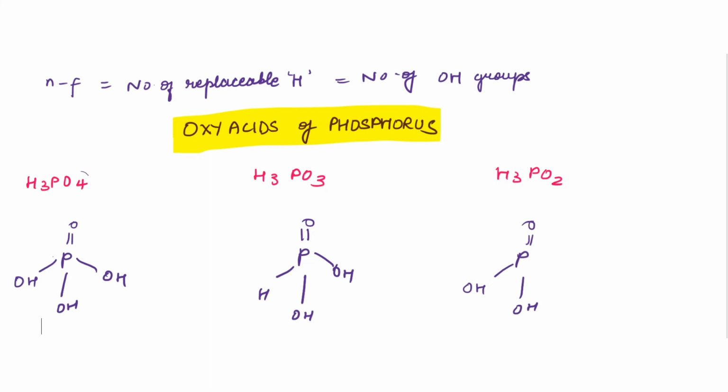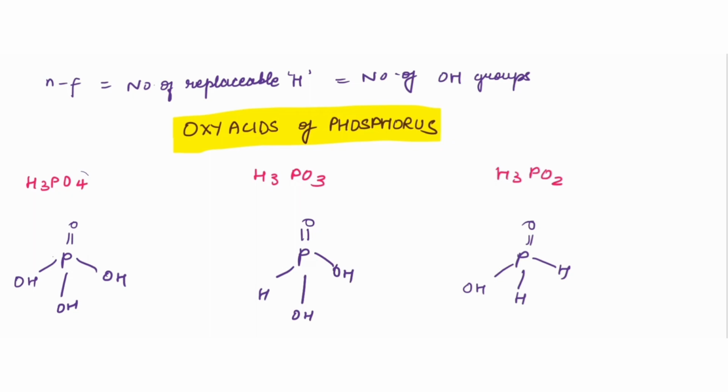This is how you can draw the structure when you know the formula. Here I have covered even the structures of oxyacids of phosphorus. This is an important, useful trick which you can remember for grade 12, which will help you draw structures when structures become important.